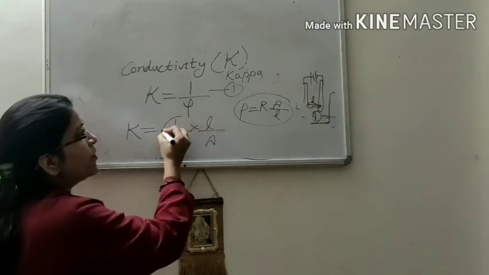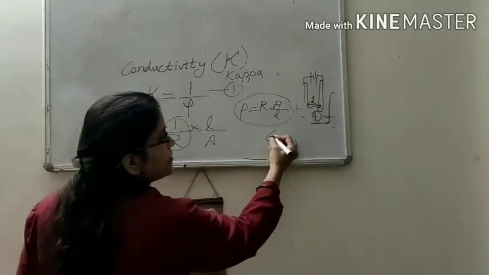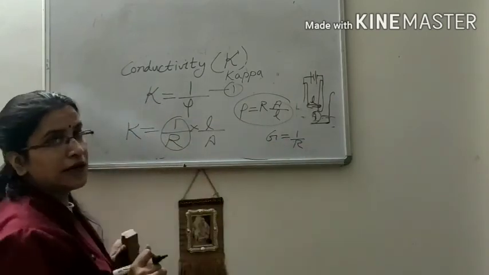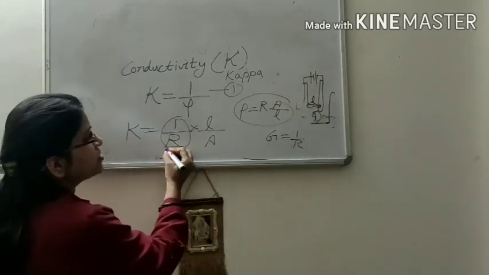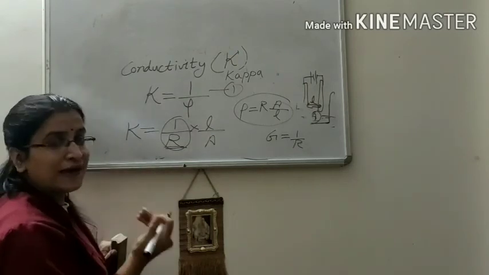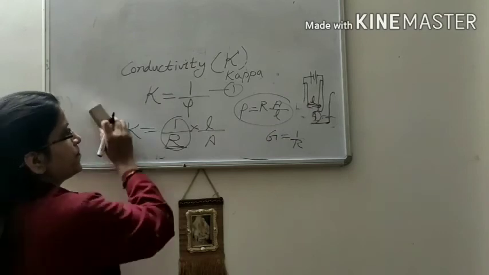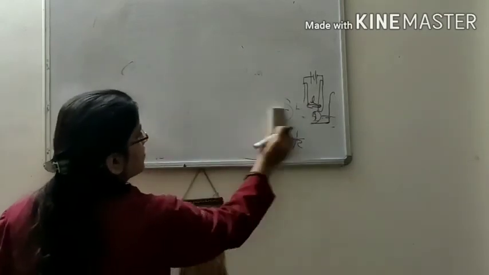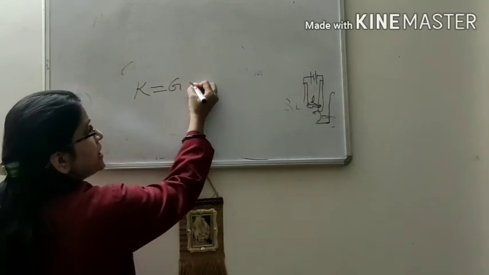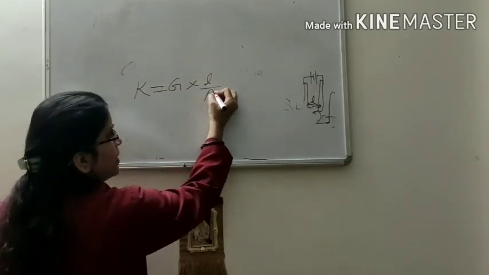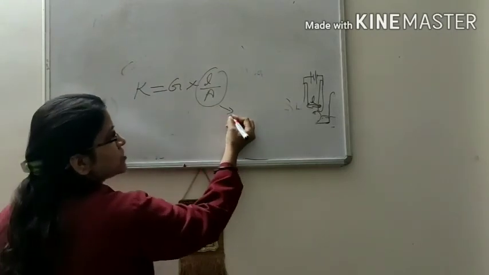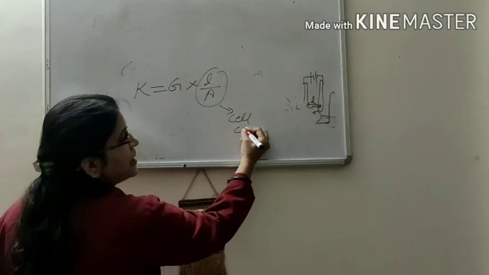Now, this 1 upon R we learned is equal to G, conductance. So if in place of 1 upon R we put G, we get another formula: kappa is equal to G into L upon A. This L upon A is called cell constant.